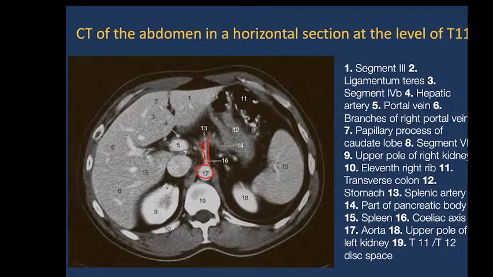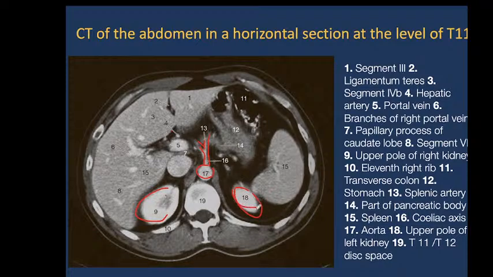Here number 9 and number 18 are the kidneys. Number 9 is the right kidney, upper pole, and number 8 is the upper pole of the left kidney.